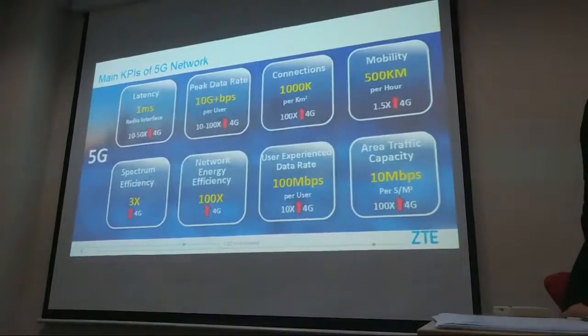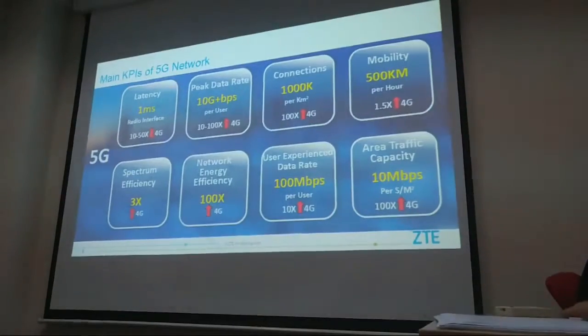Every time I change the zeros, I don't know. So many zeros. I need to calculate one by one. And the mobility is 500 kilometers per hour, while in 4G we only have 300. Okay, 500 kilometers per hour?